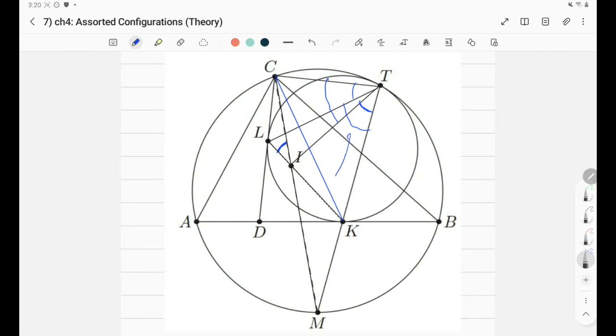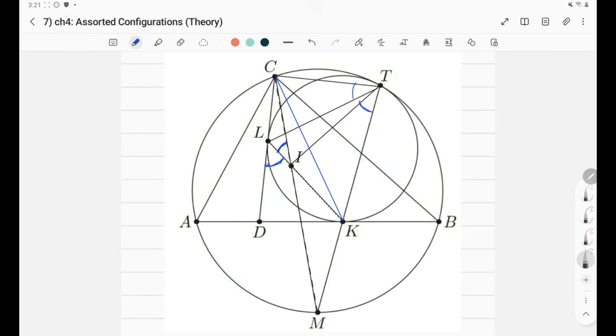It's corresponding to this arc LK, so it's equal to this one here, because it's a tangency, so it has the same arc, the same segment. But guess what? This one is already equal to this from the cyclic quad. This is exterior, so it's equal to this big one. So yes, that means if we can just show it's cyclic, then we'll be done. So let's focus on showing it cyclic.